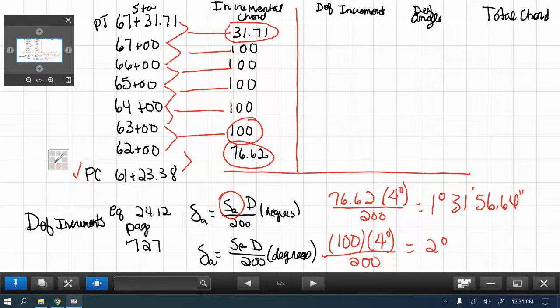I didn't have to put the degrees in there because it was only to the nearest degree. Make sure you put your degrees, minutes, and seconds. So that would be 2 degrees. So I can go ahead and write this is 1 degree, 31 minutes, and 56.64 seconds. These are all 2 degrees.